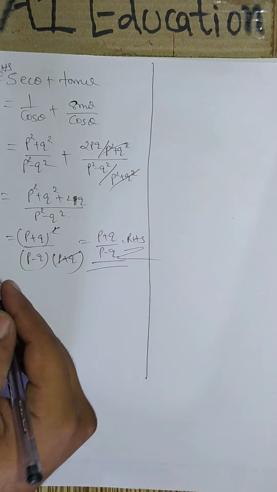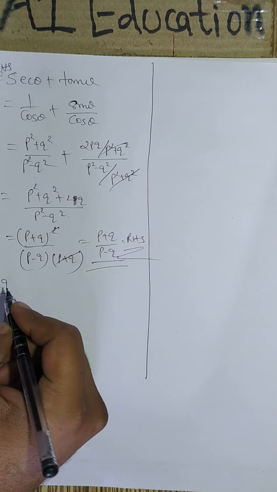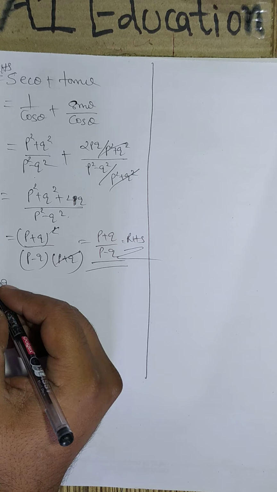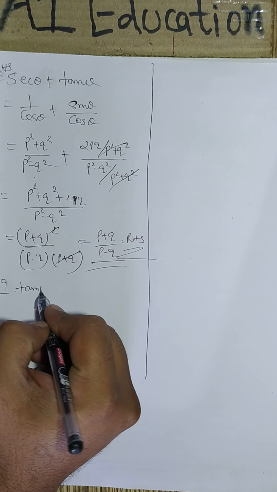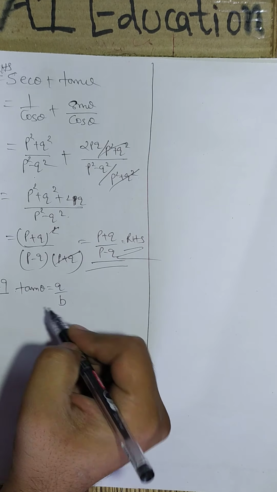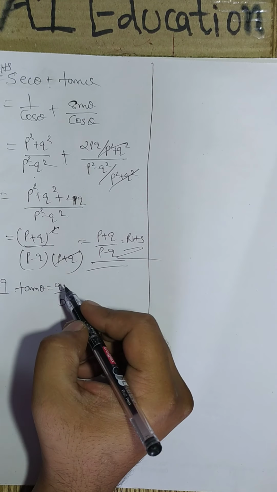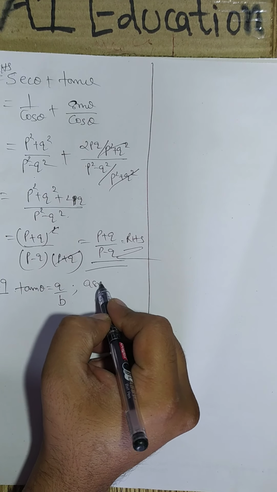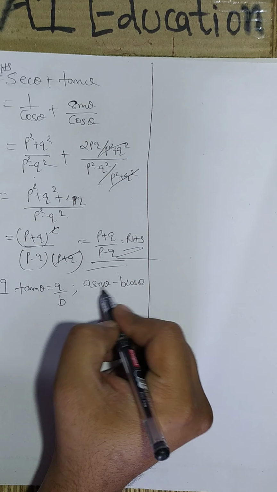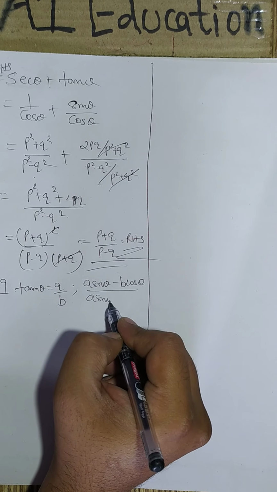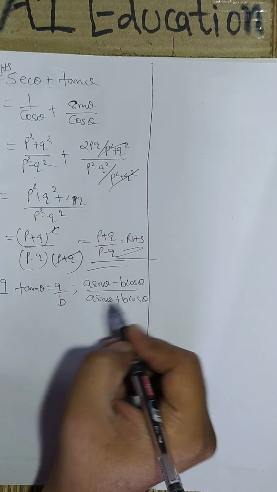The next question that we take up is question number 9. It is given that tan theta is equal to a upon b. Then we have to find out the value of a sin theta minus b cos theta upon a sin theta plus b cos theta.